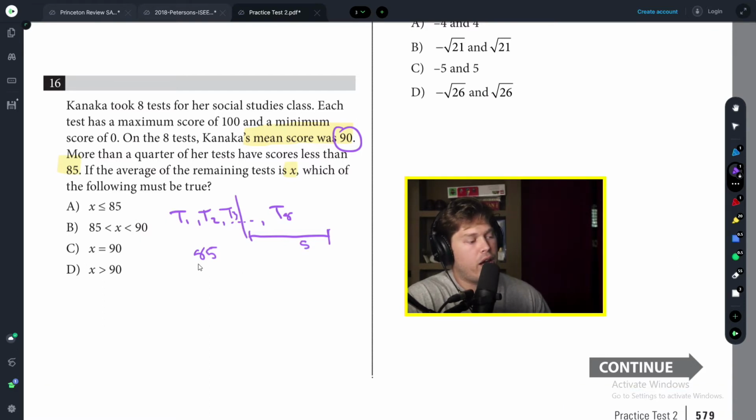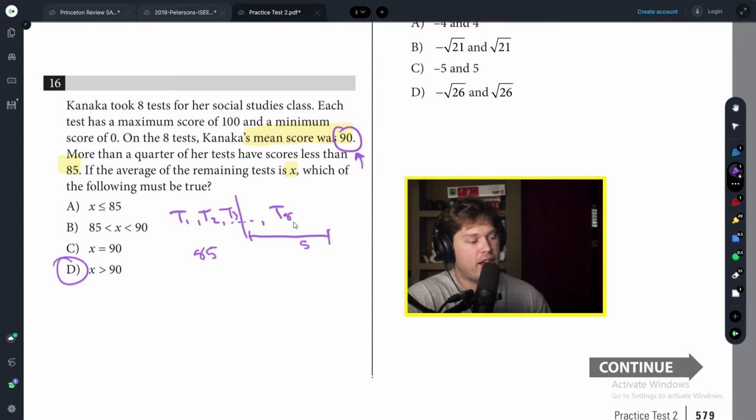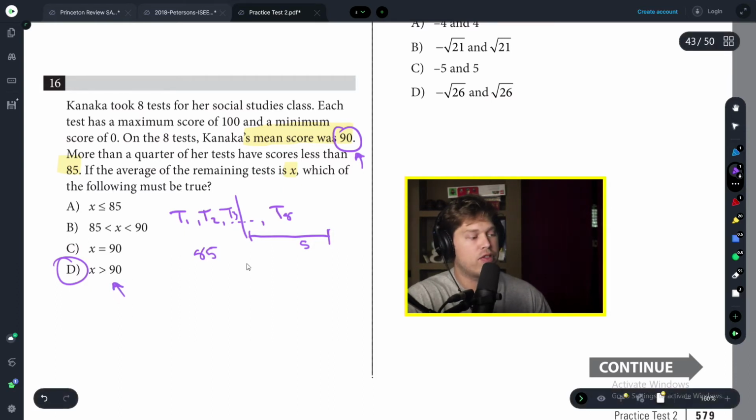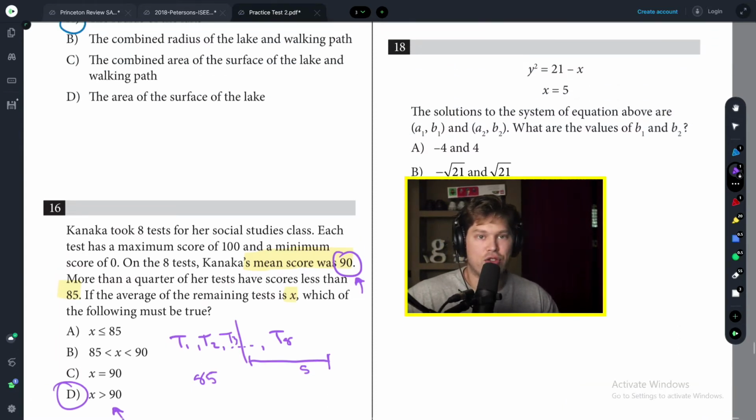Well, the other 5 tests need an average of greater than 90 for her overall average to be 90. Again, we're told that the average for all 8 tests is 90. Therefore, if she scored lower on a portion of tests, that means she needed to score way higher on the other portion of tests to influence her total average to be the 90 which it's at. So our answer for number 16 is choice D.